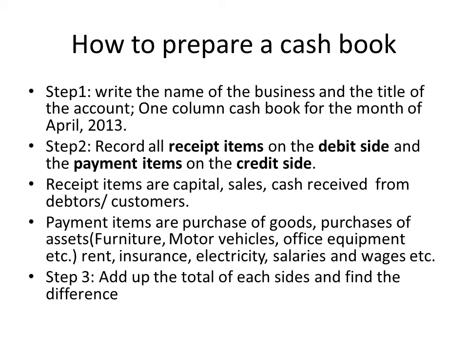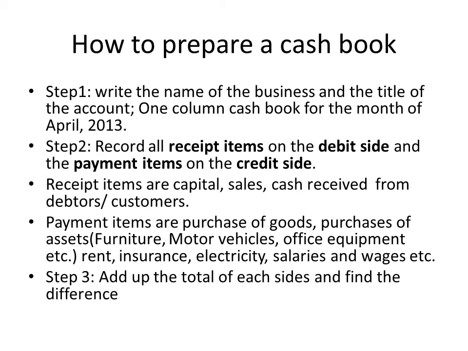Also, step 2 is for you to record all receipt items on the debit side and all payment items on the credit side. Items that are bringing in more money to the organization will always appear on the debit side, while items that show that money is going out of the organization will always appear on the credit side. Now, what are the examples of receipt items? Items like capital are receipt items. Items like sales are receipt items.